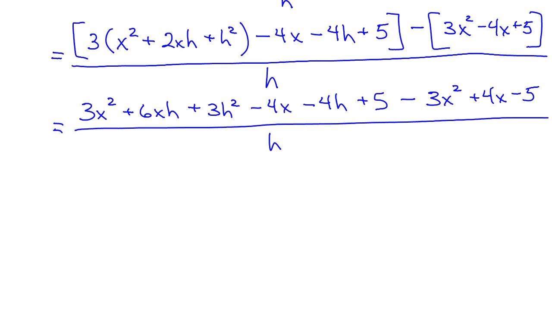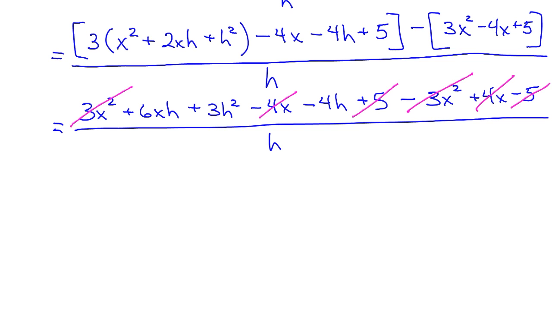Cancel what you can. I've got negative 3x squared and positive 3x squared. I've got 4x and negative 4x. I've got negative 5 and positive 5. Notice that when I started looking for things to cancel, I started on the right side.